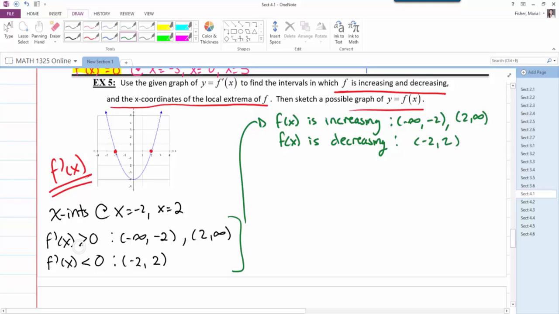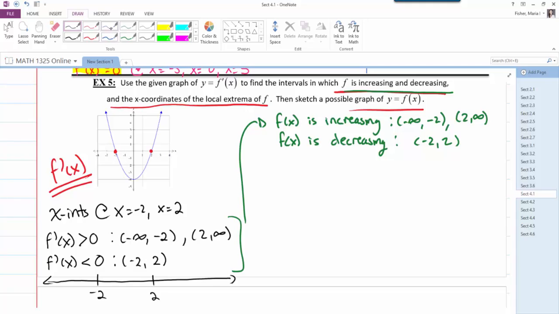Why? Because anywhere the first derivative is greater than 0, your function is increasing. And anywhere that your first derivative is less than 0, your function is decreasing. So first it asks us to identify the intervals where f of x is increasing and decreasing, and then it wants us to find some local extrema. Well, let's think of this on a number line real quick. Here's negative 2, here's positive 2.